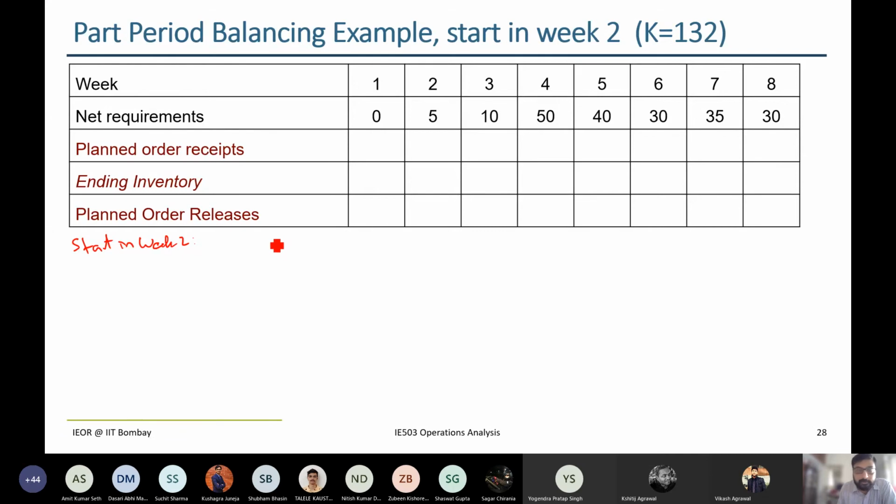So let us define it as, let's say, order horizon, and then we'll have a total holding cost. This is going to create a simple table.